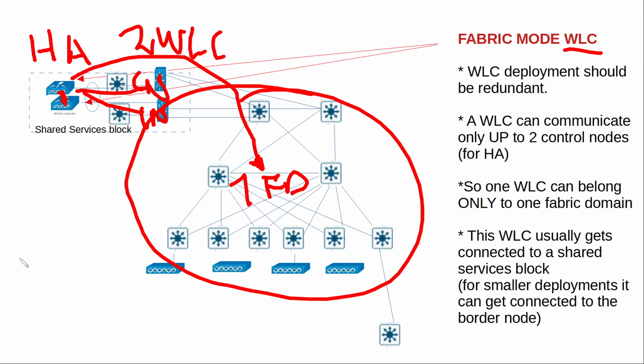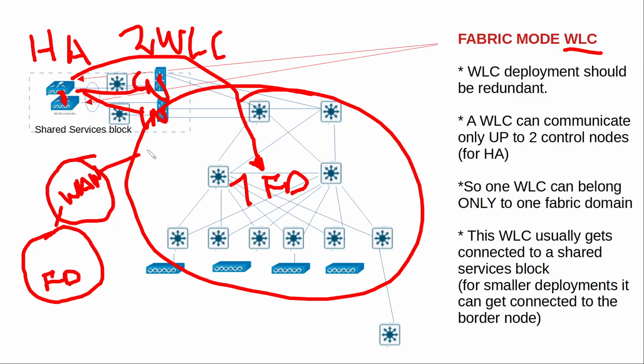If you had another fabric domain in a different building, and if you set up a wide area connection that offered you 20 milliseconds of latency, you wouldn't be able to reuse or leverage these wireless LAN controllers to handle a different fabric domain, because in order to do so, you would need the possibility to set up another pair of control nodes.